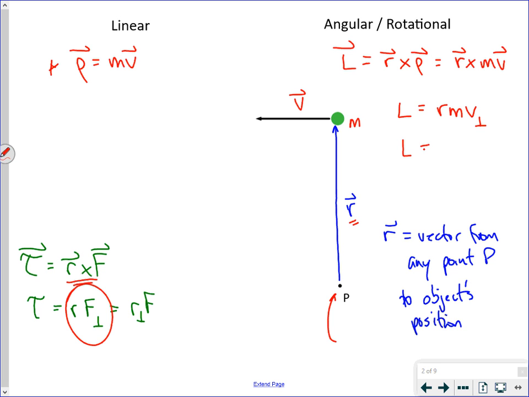Or we can look at the component of r, its magnitude, that's perpendicular to v. Same thing.